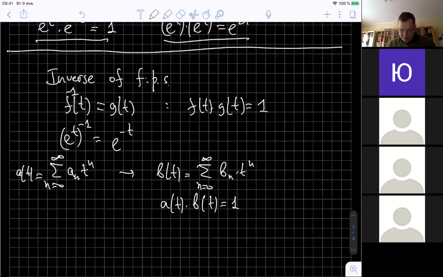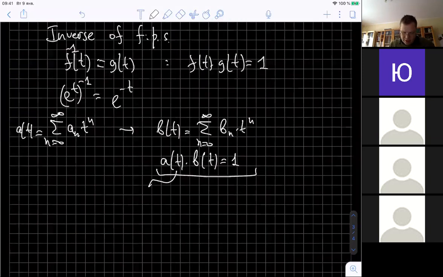If we expand this equation, we get conditions on the coefficients of the formal power series b.